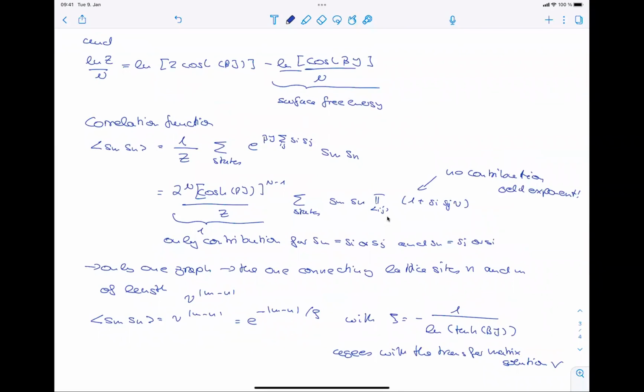And I guess that's already a moment to celebrate, right? Remember how much effort it was to go through the exact solution with the transfer matrix, calculating the eigenvectors and the eigenvalues and doing all that.